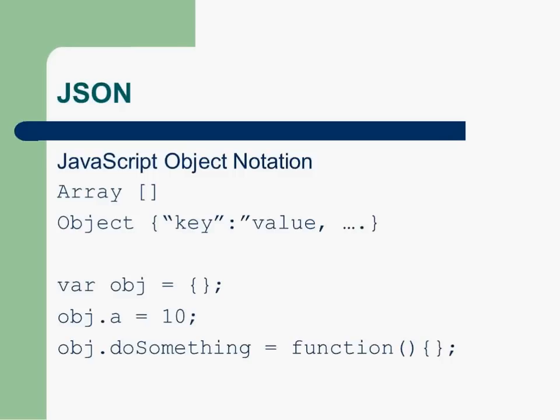The second statement, object with curly braces, is the way of creating a blank object inside JavaScript without using any new keyword. The statement is equivalent to var object is equal to new Object.